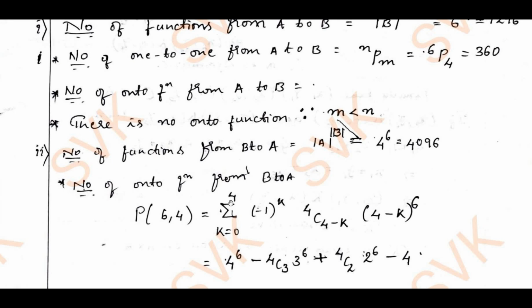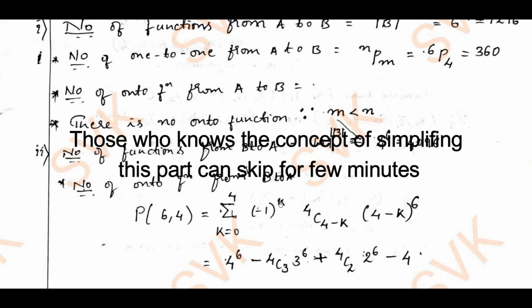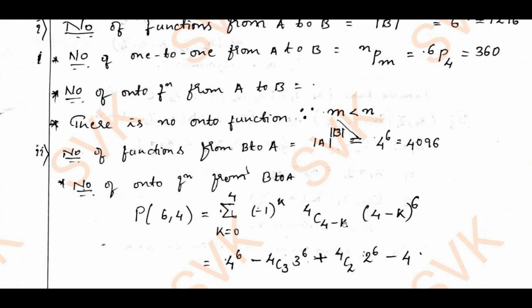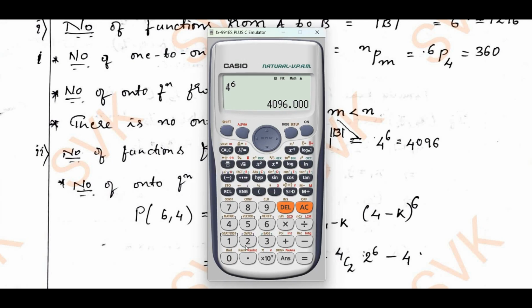Next, finally, if we give k equal to 3, (-1)^3 is negative, as we have an odd power here. So minus 1. So minus 4C(4 minus 3). 4 minus 3 is 1, so we need to find 4C1. We can calculate 4C1 on the calculator: 4 shift divided symbol C 1. 4C1 is 4.